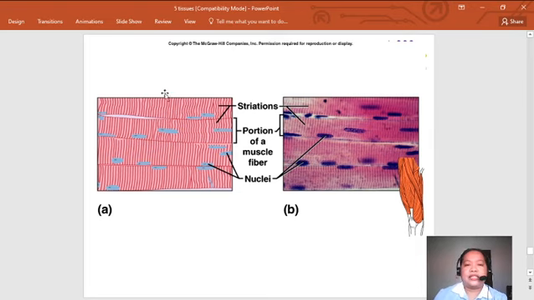So this is how a skeletal muscle looks like. They are cylindrical with blunt ends, and each cell has several nuclei.